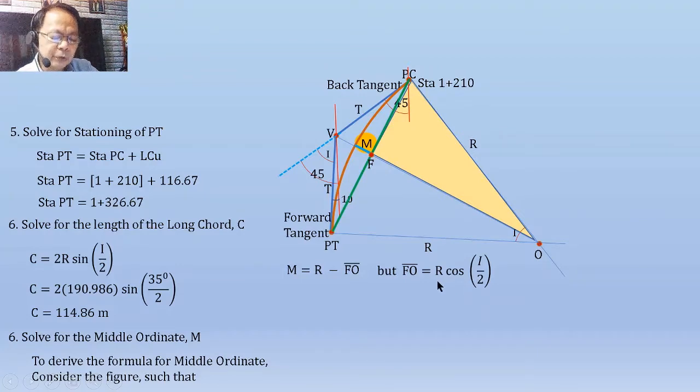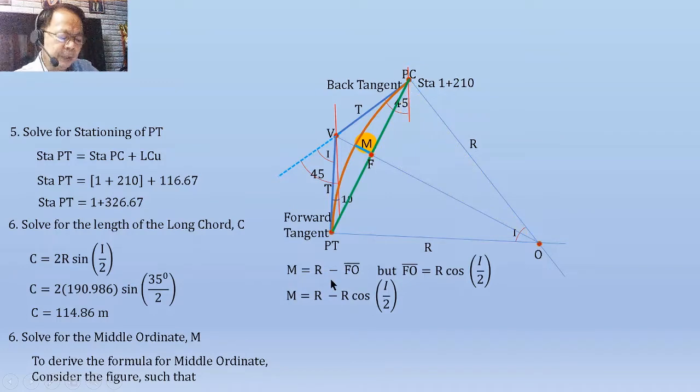Now, if we substitute this F sub O, the line segment FO, in the formula, our middle ordinate becomes equal to R minus R cosine of I over 2, which can be simplified by factoring out R. The middle ordinate can be taken as the product of R multiplied by the quantity 1 minus cosine of I over 2.